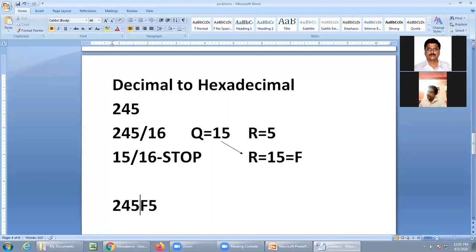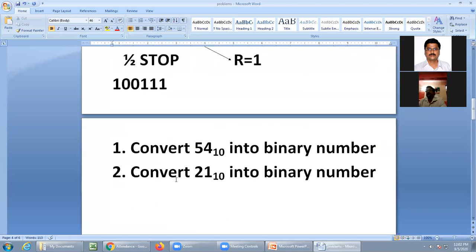Whenever you write in your answer book in an exam, you should represent it like this: 245, a decimal number, is equal to F5, a hexadecimal number. In this way, you will convert a decimal number to a hexadecimal number.